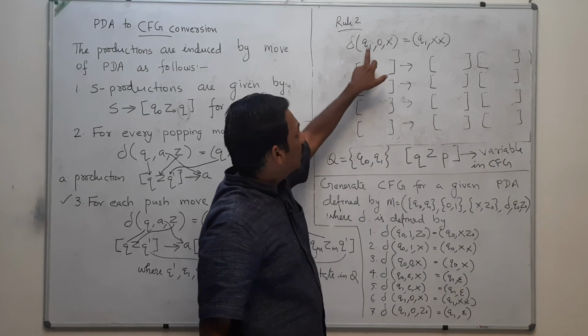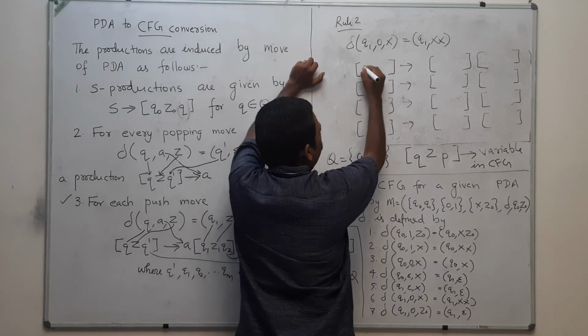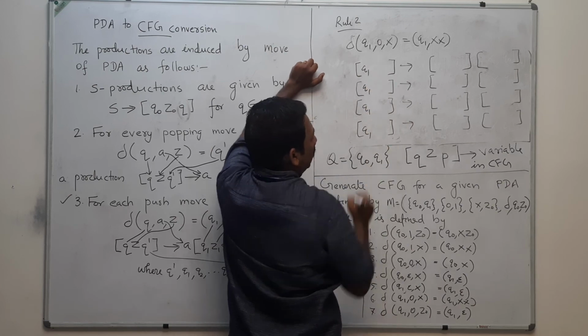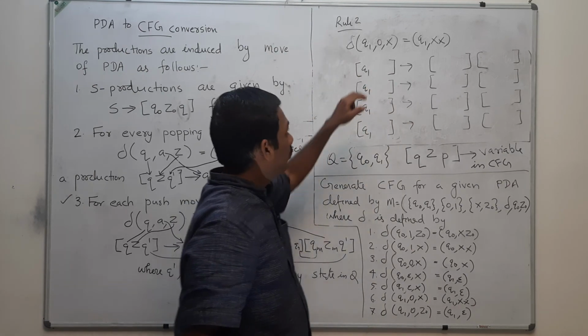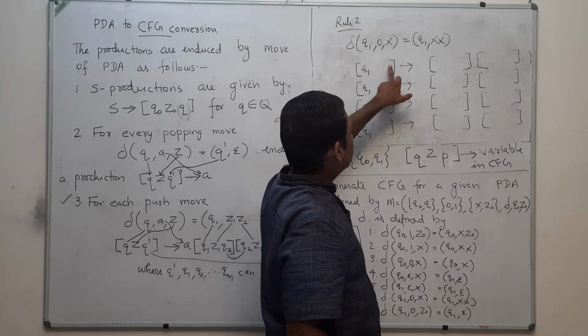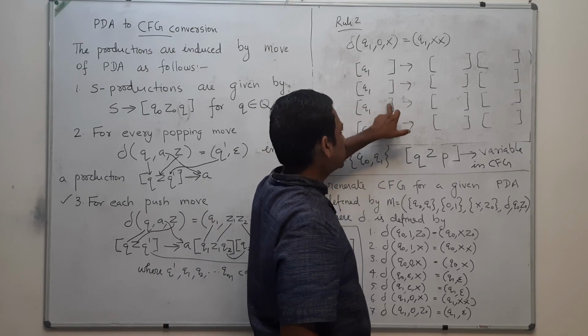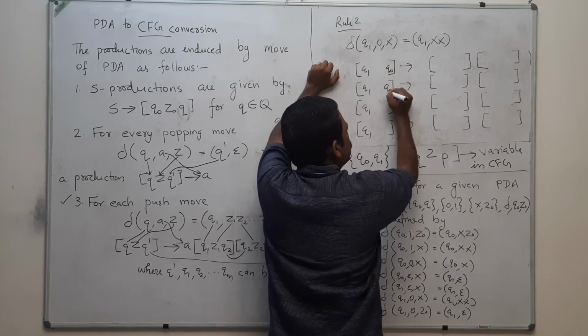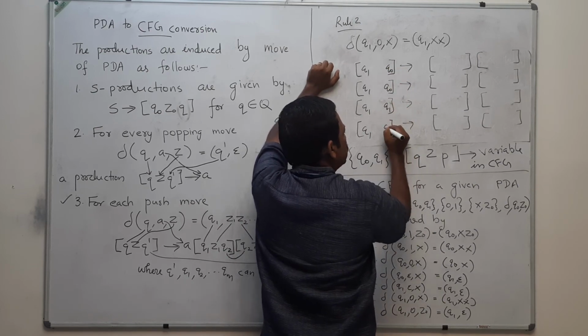Here, listen, Q1 you have to copy here, Q1, Q1, Q1, Q1. Now this side can be either Q0 or Q1. For two productions it is Q0 and for two productions it is Q1.